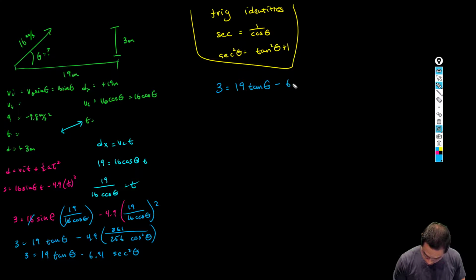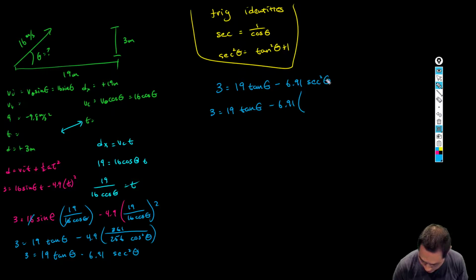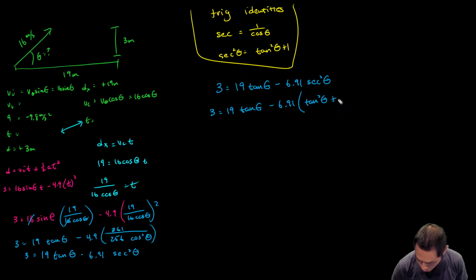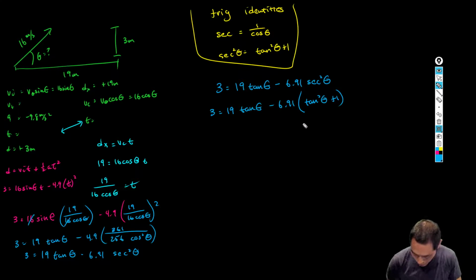Minus 6.91 secant squared theta. All right, I'm going to substitute this thing right here. So I have 3 is equal to 19 tangent theta minus 6.91. Secant squared is tangent squared plus 1. I'm going to distribute the 6.91.